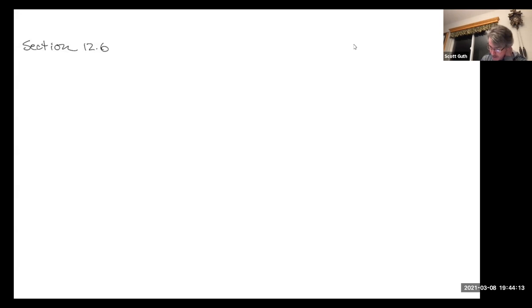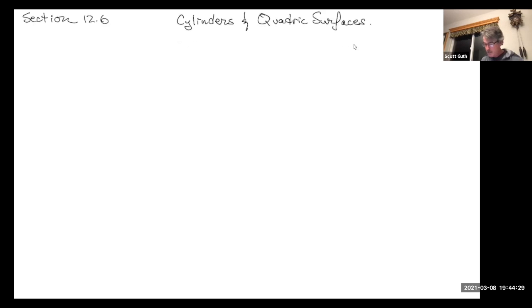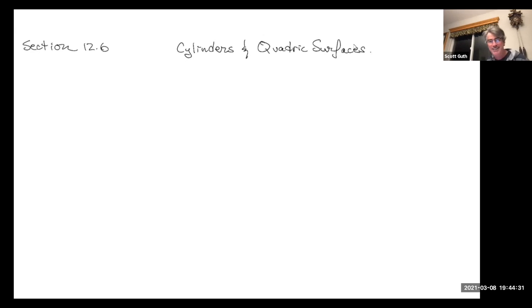Okay, so we're doing 12.6, which is cylinders and quadric surfaces. Okay, so this is a little bit of a pain.